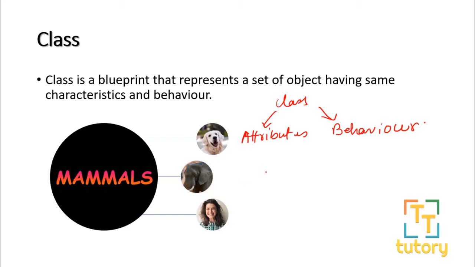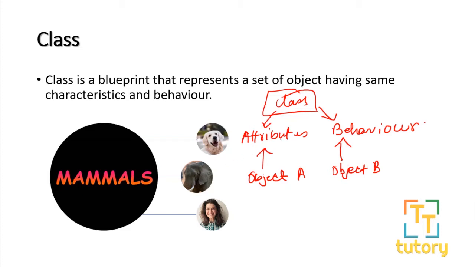For example, suppose there is an object A which belongs to the class A. So we can say that object A shares the same properties that the class has. Similarly, if there is any object B which belongs to this class, then we can say that object B has the characteristics and behavior that the class has.